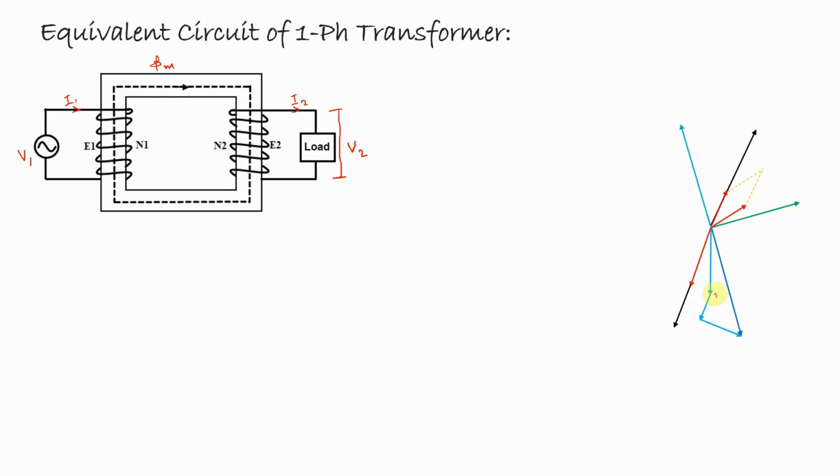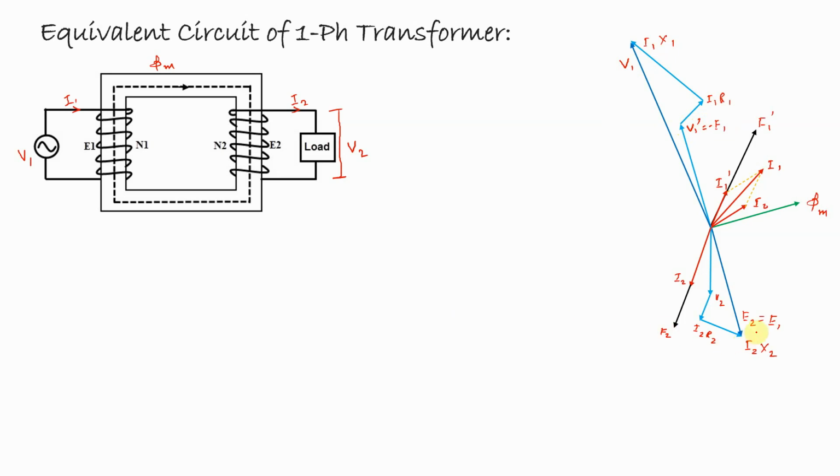So this is V2, here it is I2R2, it is I2X2, this is E2 as well as E1, it is I2, it is I2 into N2, or we can write F2, here it is F1 dash, here it will be I1 dash, it is I0, it is I1, phi m, it is V1 dash, that is equal to minus V1, it is I1R1, I1X1 and V1.